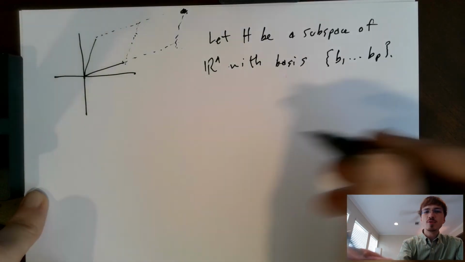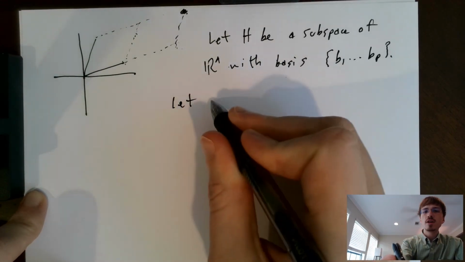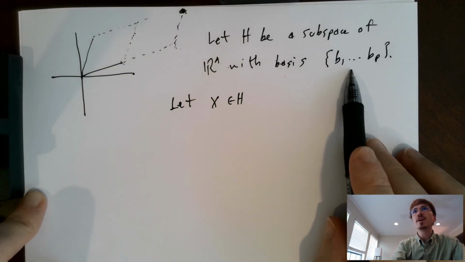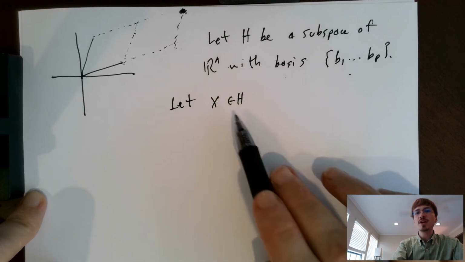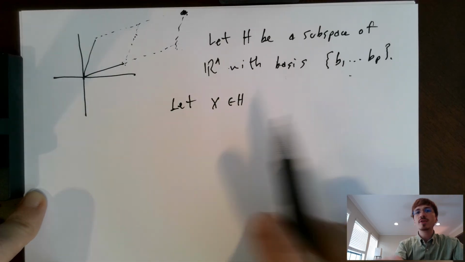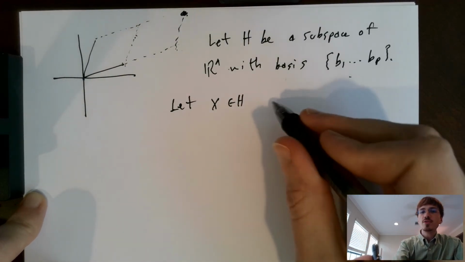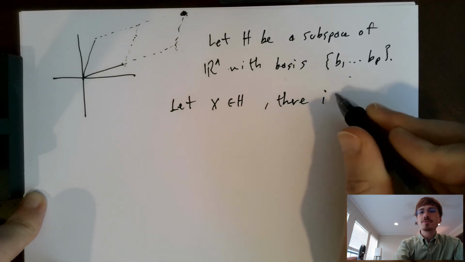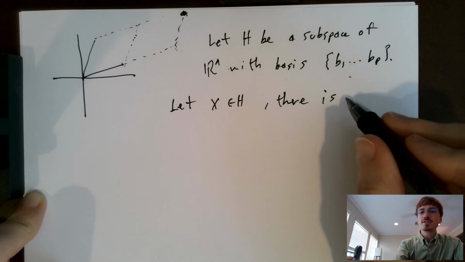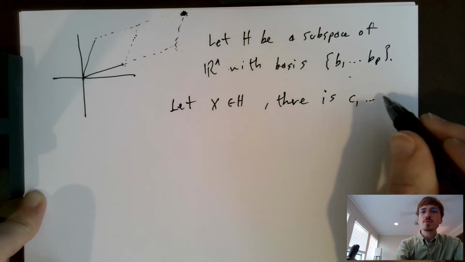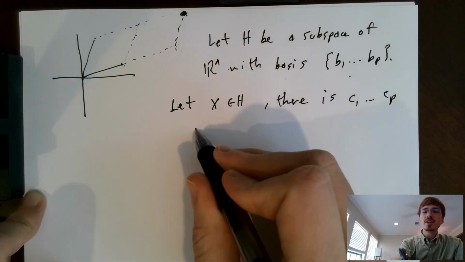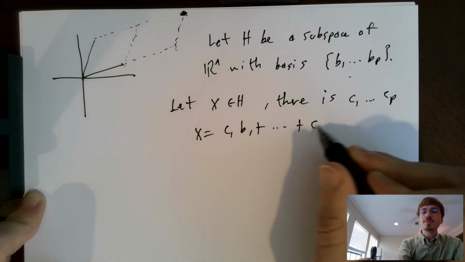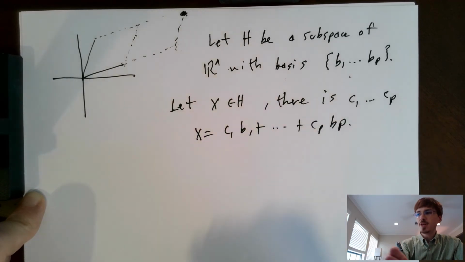That means that this set of vectors is a linearly independent set that spans H. Well, given a vector x in H, I know that there exists a set of constants, C1 through CP, such that x is equal to C1B1 plus all the way down to CPBP. Yeah?